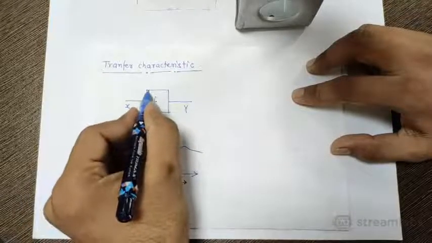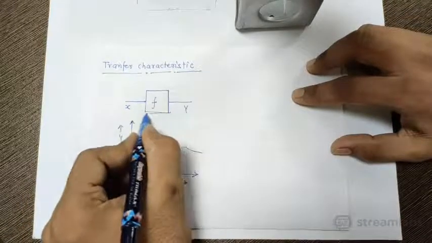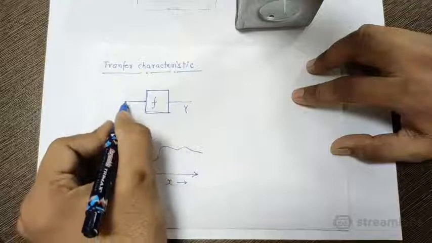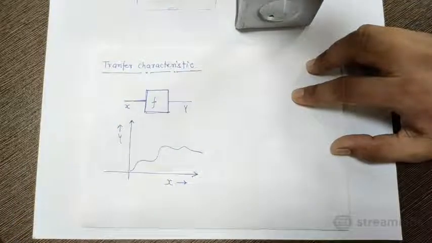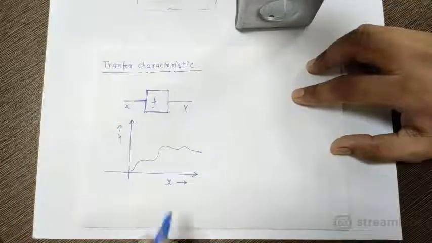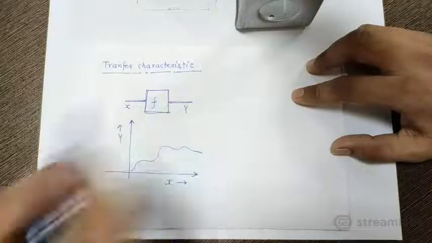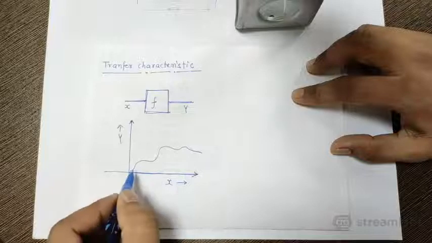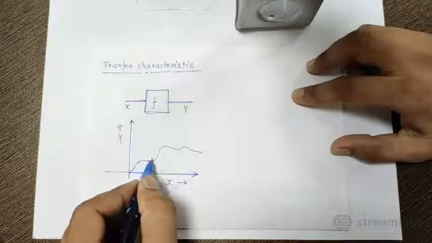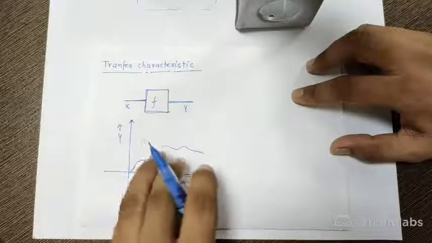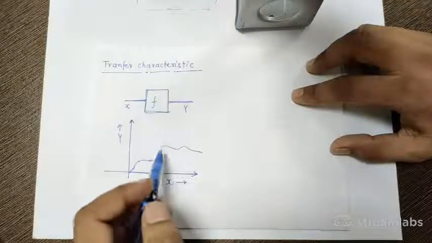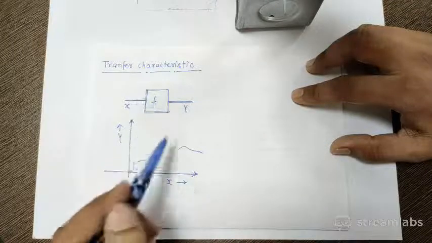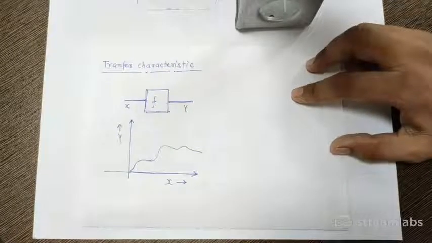Here there is some system or circuit in which I have applied input X. After application of this input, output Y is coming. As input is changing its value, the output is also changing its value like this. Then this characteristic of the system is called transfer characteristics. Very simple thing.